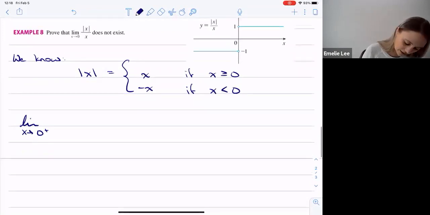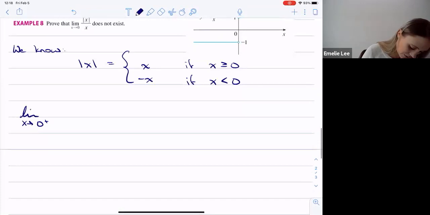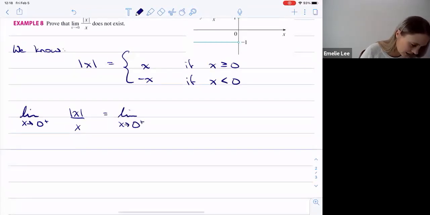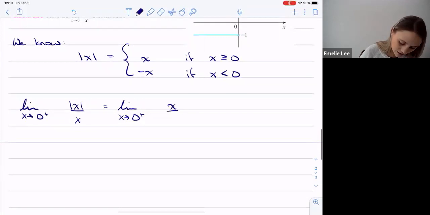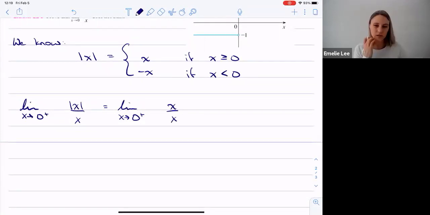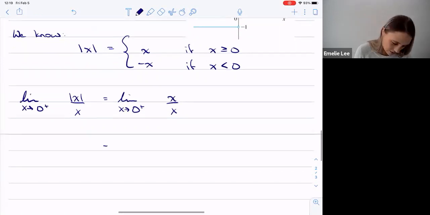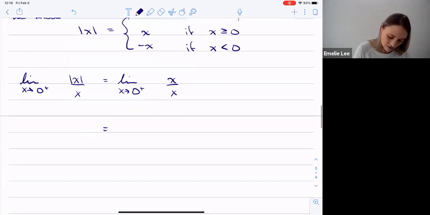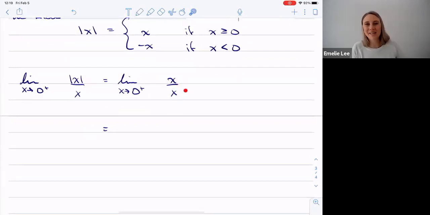So the limit as x approaches 0 from the right of the absolute value of x over x is the limit as x approaches 0 from the right of x over x, since we're coming in from the positive side. And x over x I can simplify to just be 1.